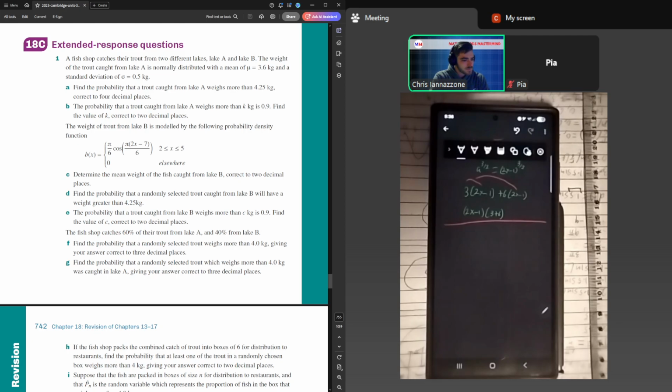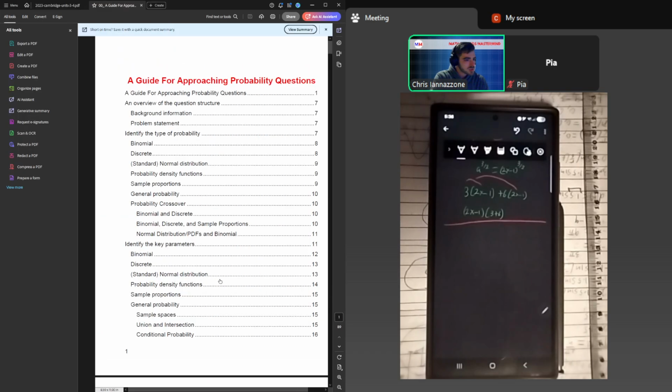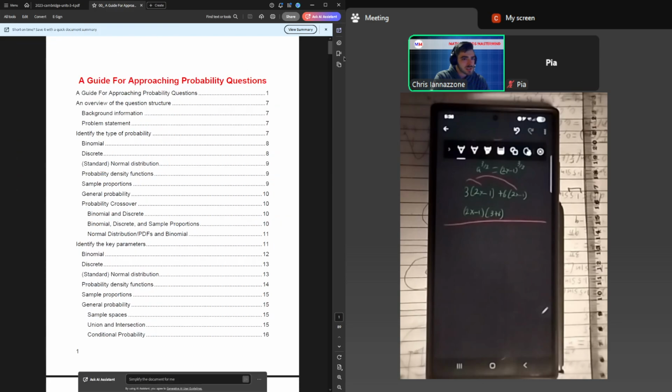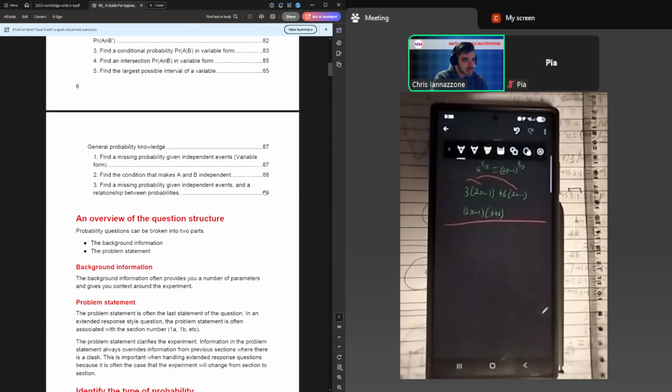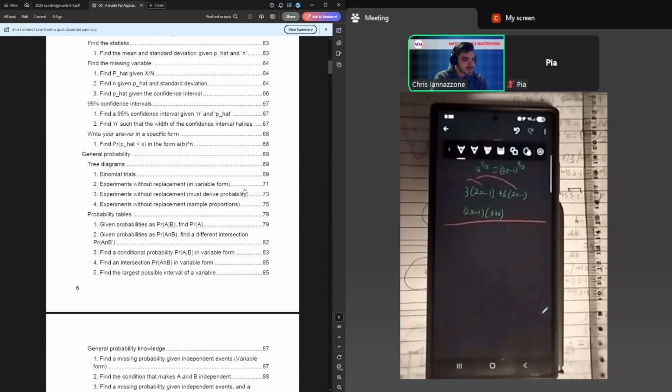I guess the first thing to really consider, in fact, maybe what I'll do is pull up something I made so long ago, it's not actually available on any of the school stuff. If you look at it, there's like 89 pages in there. What I had done at some point was go through literally every key question ever for probability, and here's a massive guide you can follow for all those questions.